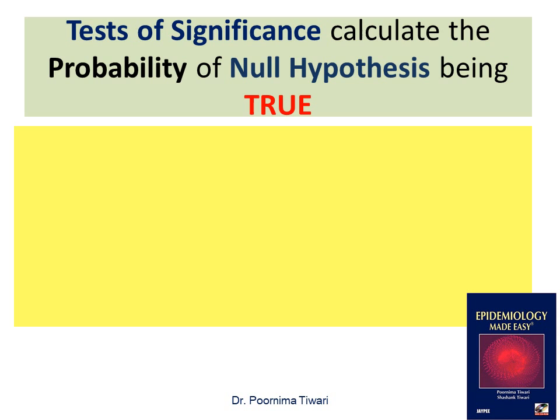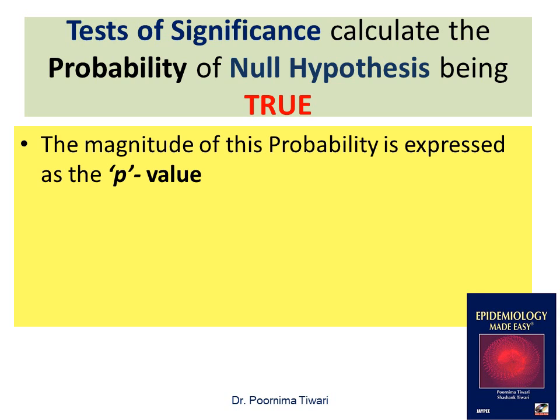So what do tests of significance do? All the tests of significance ultimately calculate the probability of the null hypothesis being true. The magnitude of this probability is expressed as the p-value.